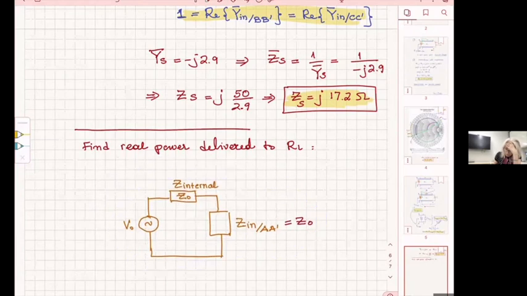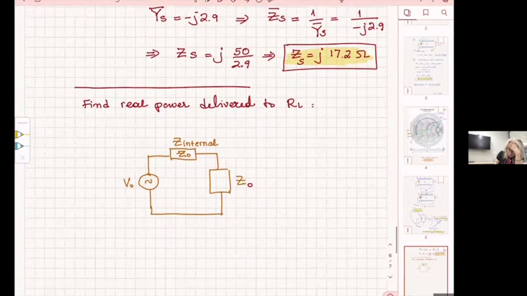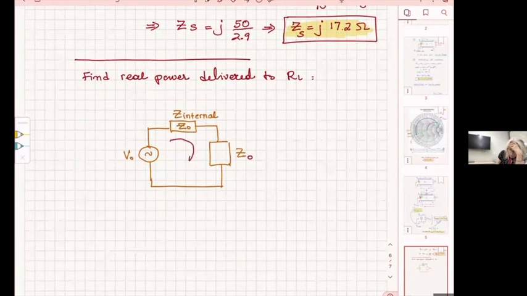Okay, so we have this one here, and practically we have Z naught here. So from the source point of view, the source does not see RL. The source here sees Z naught.